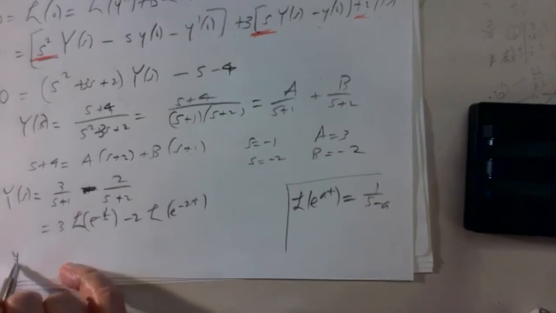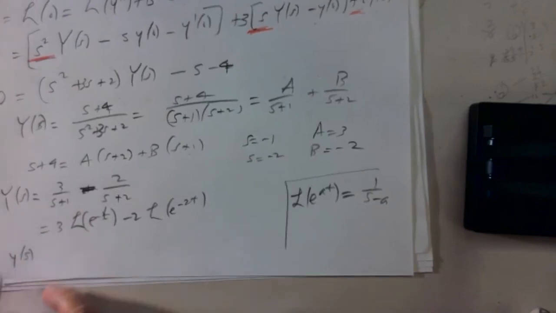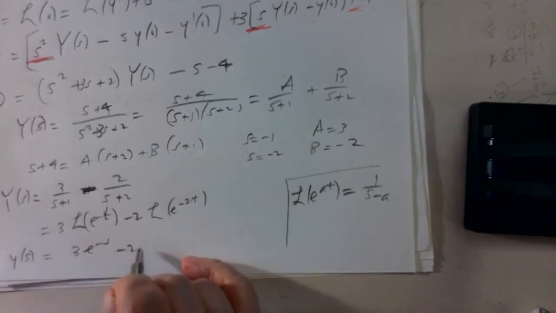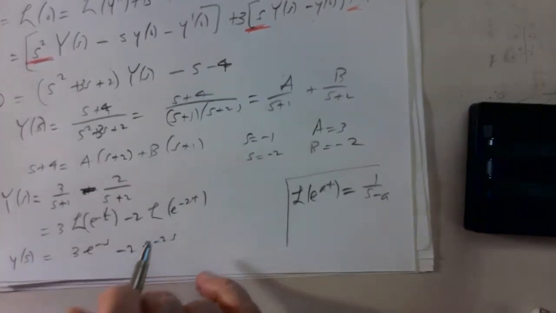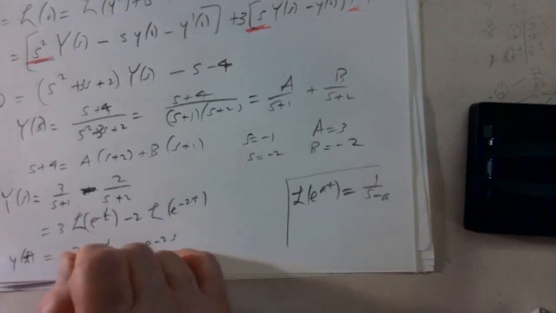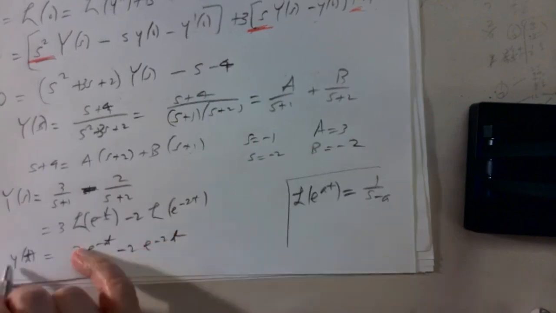So my solution, y, is equal to 3 e to the minus t minus 2 e to the minus 2t. Or if you want the variable to be t, you just change it to t. That's fine. That's the solution.